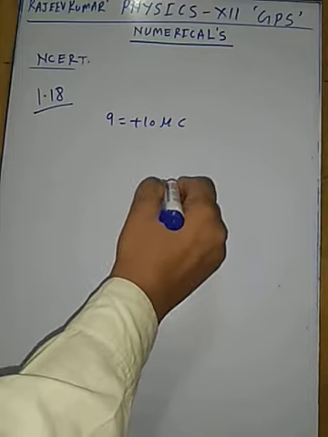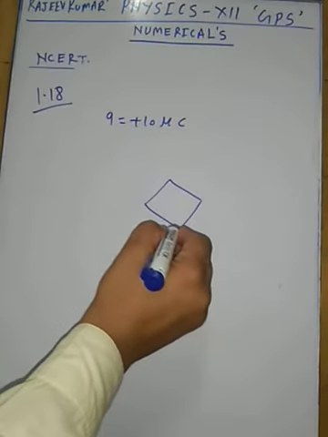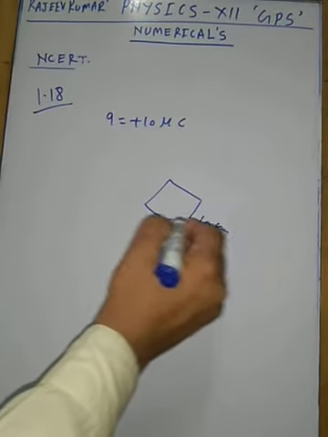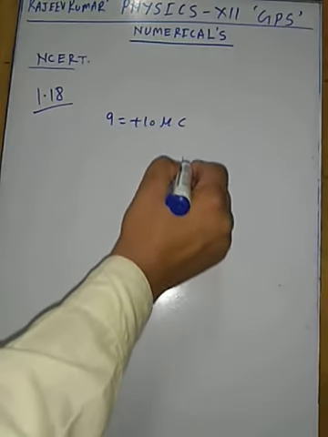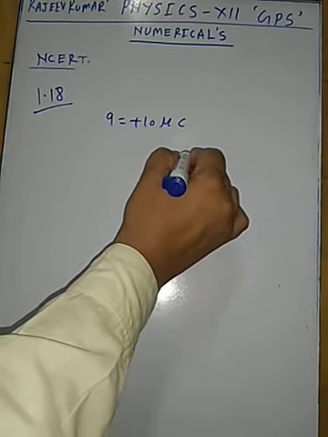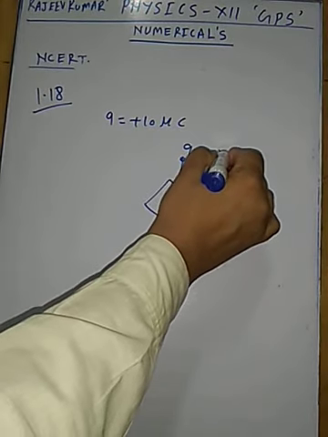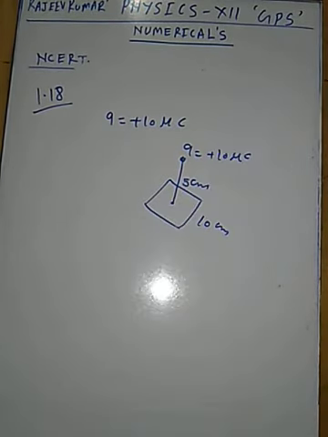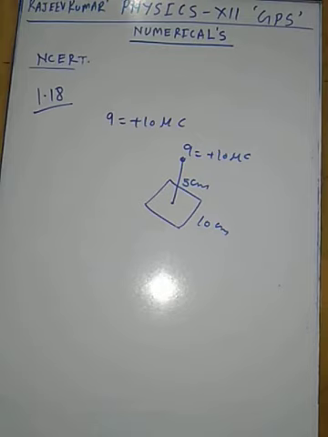Means there is a square of side 10 centimeter, and from its center, 5 centimeter above, a charge of 10 microcoulomb is placed. The question is, what is the magnitude of the electric flux through the square?